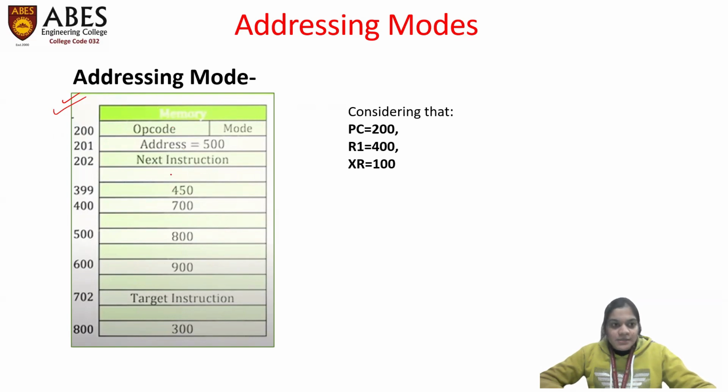We understood it like this. Now, the first instruction of the program, that is the first address of the program, will be located through the program counter. As we have already understood, the program counter stores the address of the first instruction. So the program counter is giving you the first address value, which is 200, which is storing the instruction, that is your opcode.